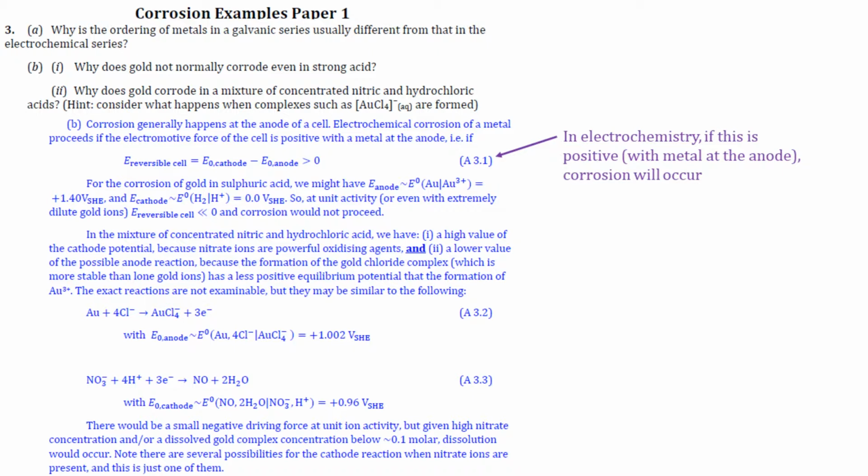A couple of notes on this. There are several possibilities for the cathode reaction when nitrate ions are involved, and the equation I've written in A3.3 is just one of them. The second note is that you should come across at some point the story of a couple of Nobel Prize medals made from 23 karat gold being dissolved in acid.